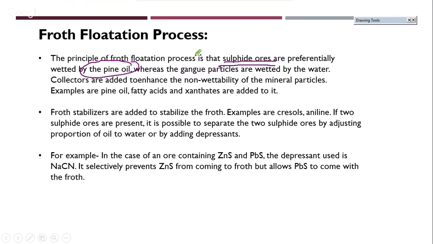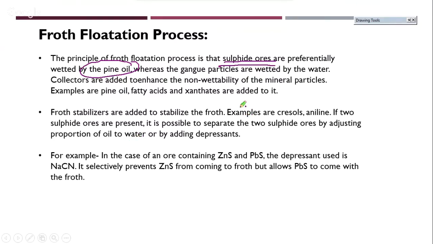So you put all the sulfide ores in pine oil, and you put in a lot of froth in it by the presence of a lot of air. The froth accumulates over the solution, and then it can be taken out, and the gangue particles remain in the solution below.